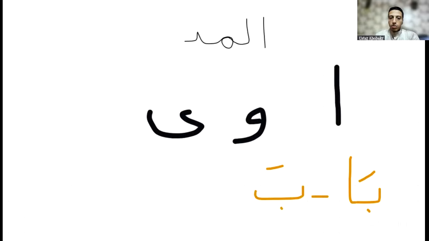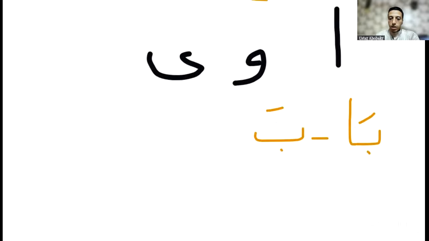So the meaning of the word al-mad refers to the stretching of the sound of the letter one more additional second. Another example: letter ta with fatha, when followed by an alif, becomes taa.